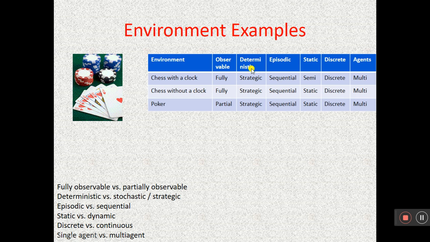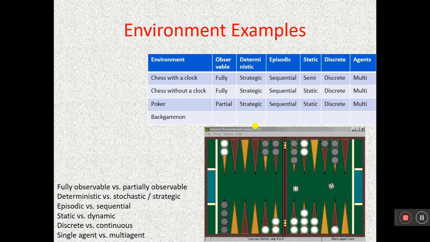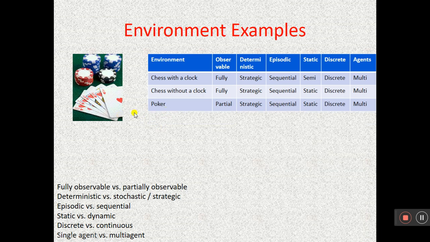Whether this is deterministic, no, this is strategic. We have to make strategy while playing cards. Whether this is sequential, yes, this is sequential. This is static, and this is discrete. You have to move one card to another and that card to another, and this is multi-agent.